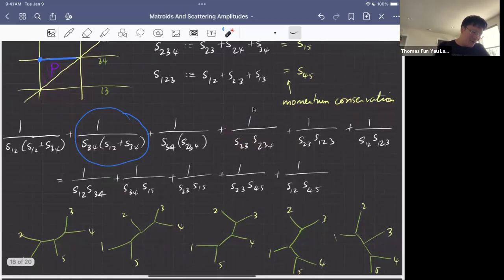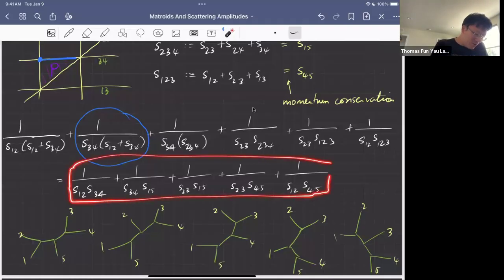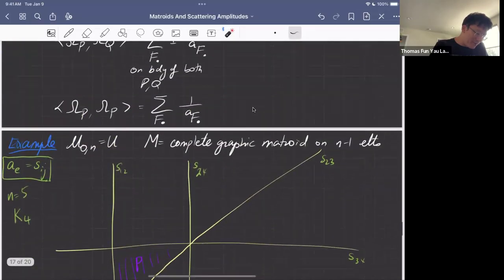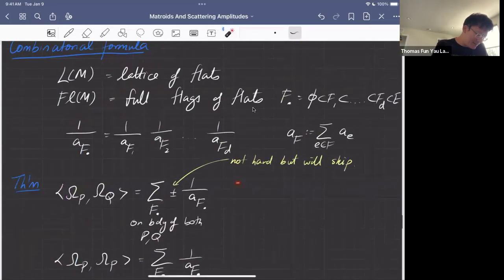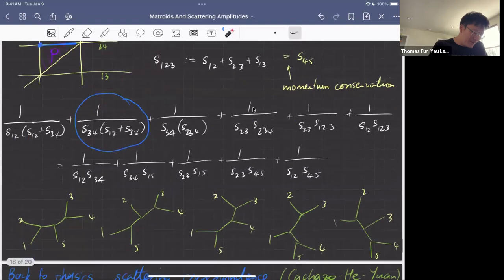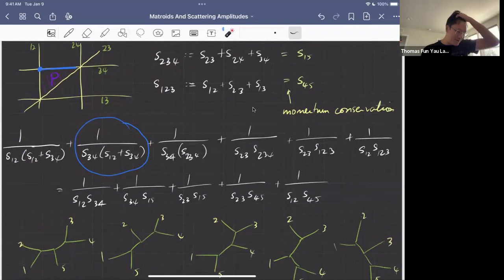So the formula gives me 6 terms, but it's actually equal to the 5 terms that I had at the start of the talk, which is this phi cubed amplitude, the sum over Catalan many cubic planar trees. So the combinatorial formula for this bilinear form gives me 6 terms, but the Feynman diagram formula gives me 5 terms.